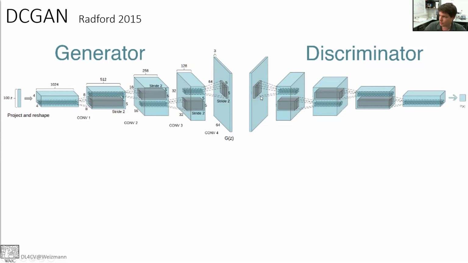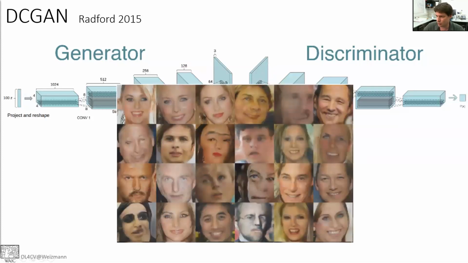And the discriminator is a binary classifier CNN, like you would expect, with the max pools and everything. And this was able to do these RGB images. So you can see these RGB faces. Some are good, some are scary. But this was an improvement with respect to 2014.